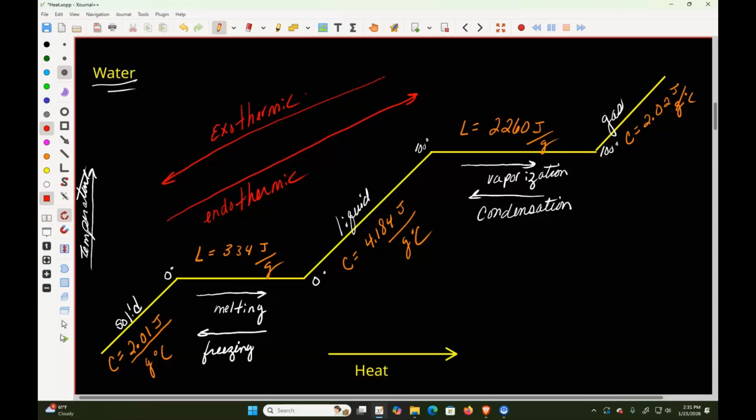When you're reading a problem, it's best to determine where you're at on the staircase. And then you can use the staircase to determine which formulas you have to use. Anytime you see a line like this, which has a change in temperature, I'm going to be using Q equals mc delta T. Anytime I have a line with zero slope, I know that Q is equal to latent heat times mass.